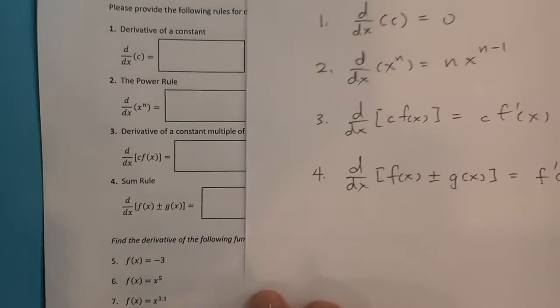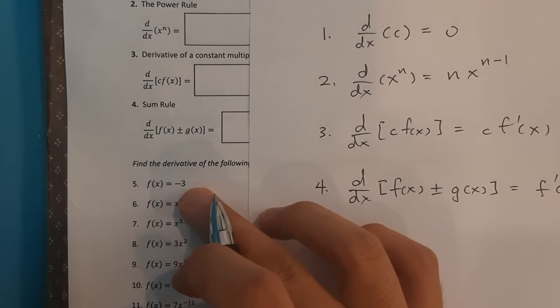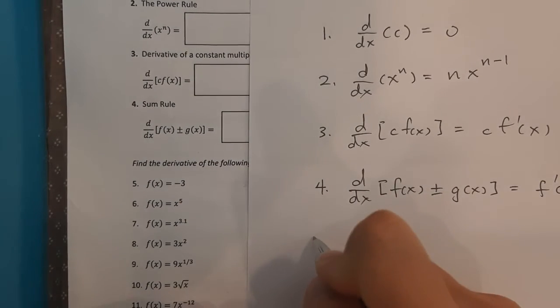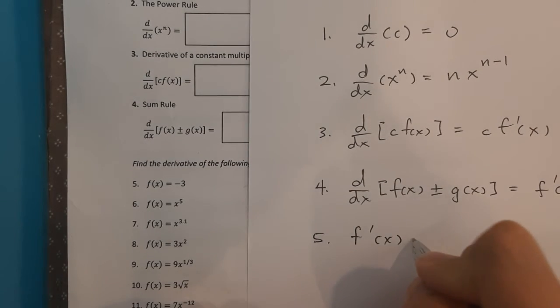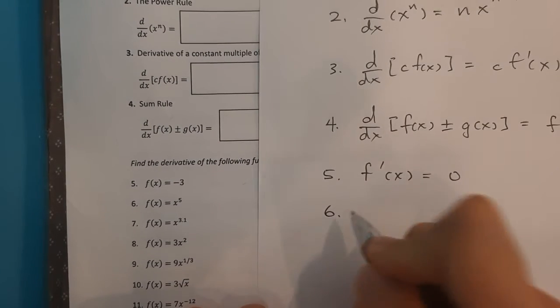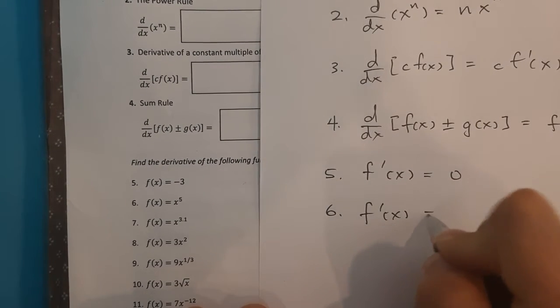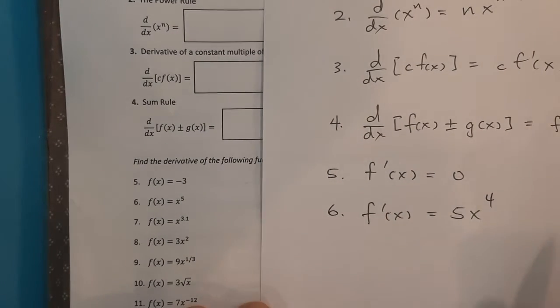So how about question 5? Here it says to find the derivative of f of x. So if we get the derivative, it's going to be just 0. For x to the 5th, we have 5x to the 4th.